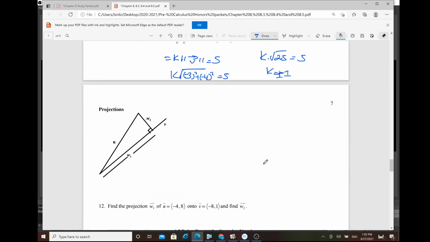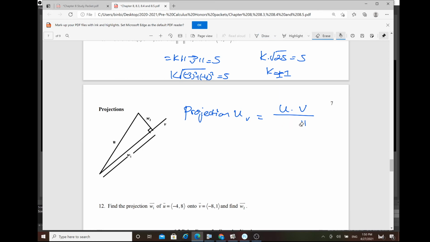And then finally, for the projections, in order to find the projection of u on v, this is just like u dot v all over the magnitude of v.